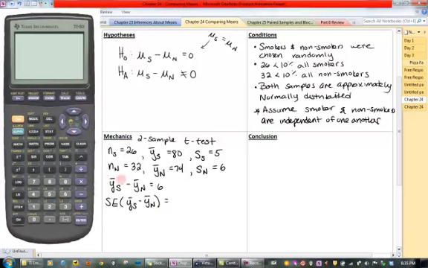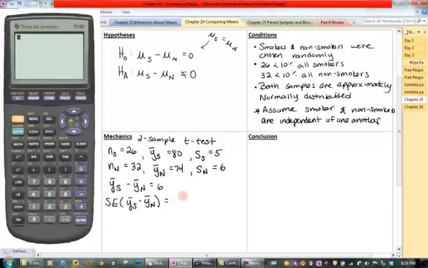We're putting together the distribution for means for smokers and the distribution for means for non-smokers. So going back to an earlier unit, we're unsure about the distribution for smokers, we're unsure about the distribution for non-smokers. So when we put them together, we have to add their variances.